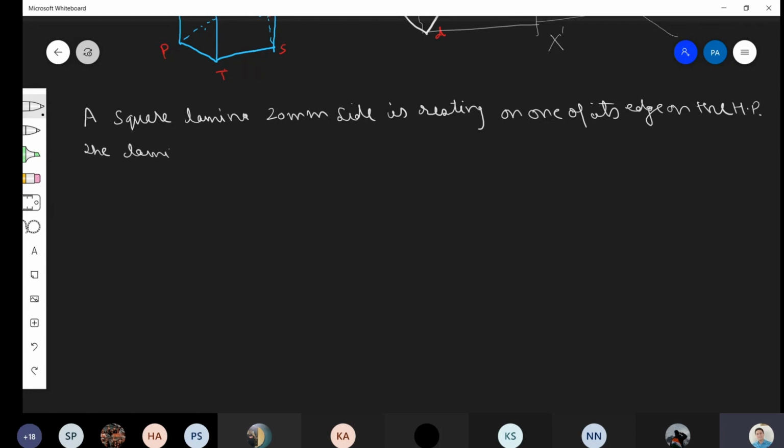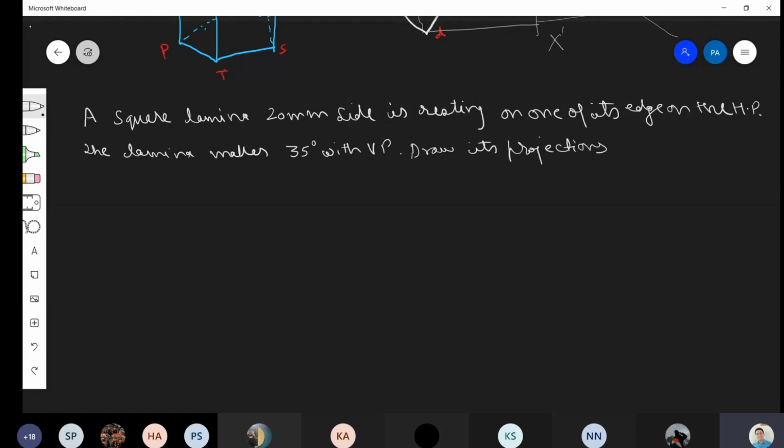The lamina makes 35-degree with VP. Draw its projections.